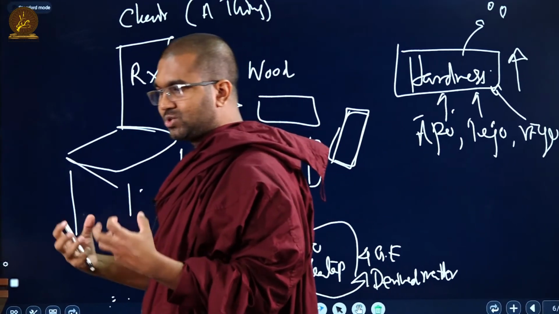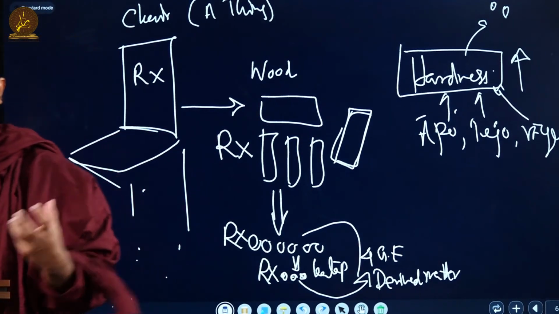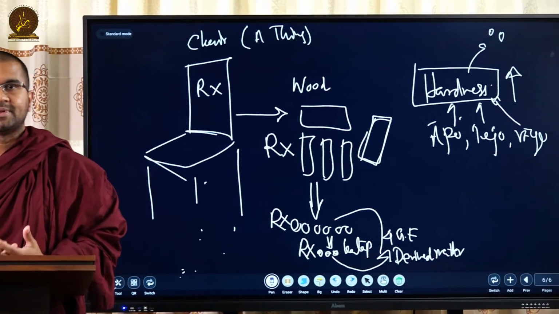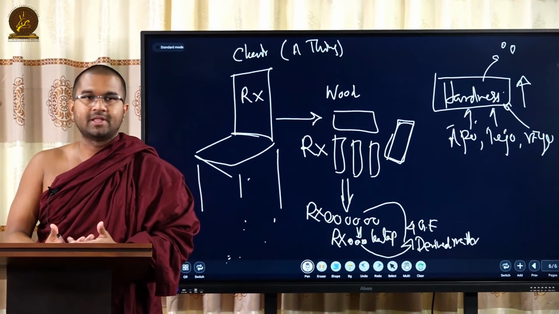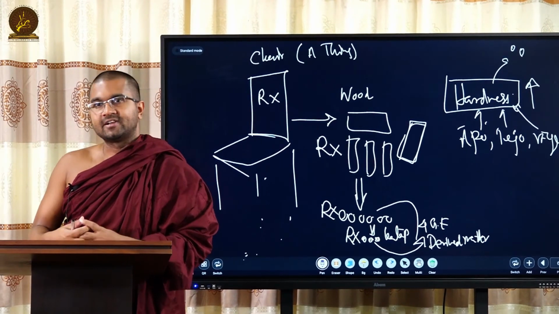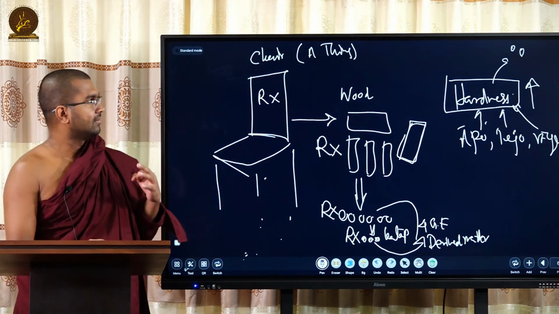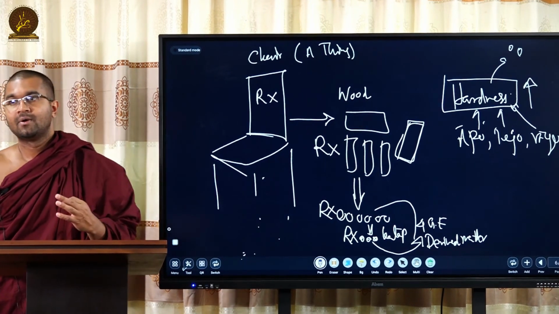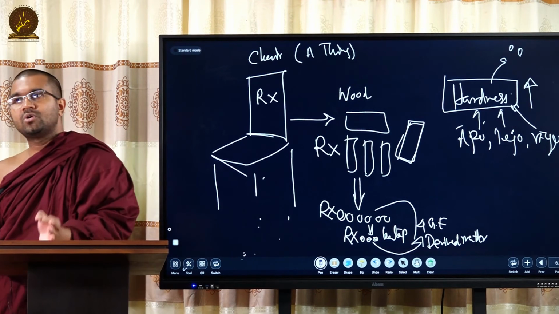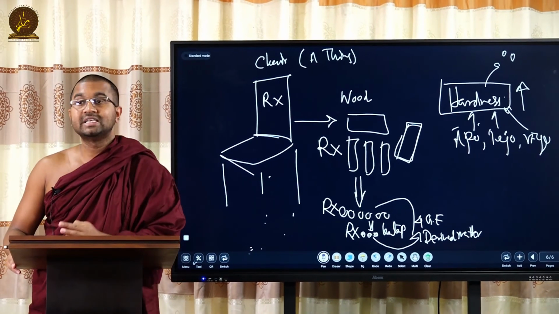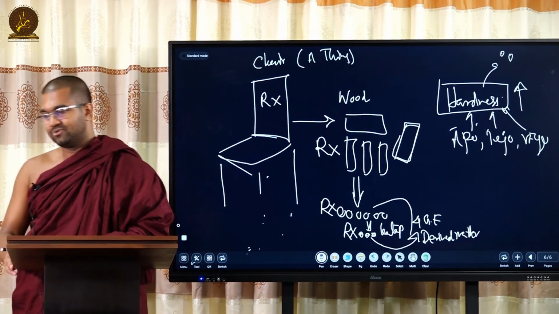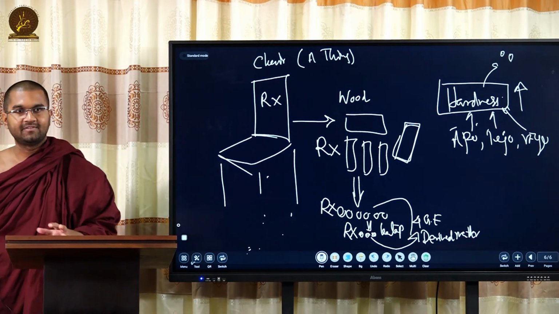Apo and Tejo are responsible for the hardness to happen. Hardness cannot exist without them. So that is the difference. It's a very subtle difference, but it's very important to understand. Reducing a reality into its causes versus reducing the realities into its ingredients. That's how I would explain. I don't know whether the idea was conveyed clearly.